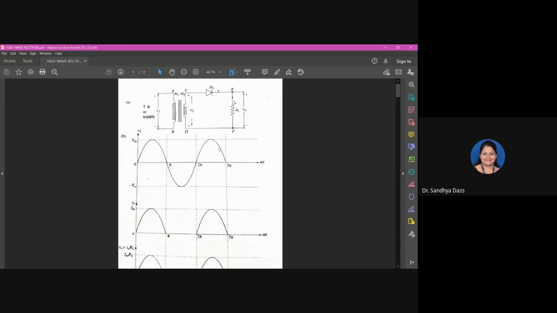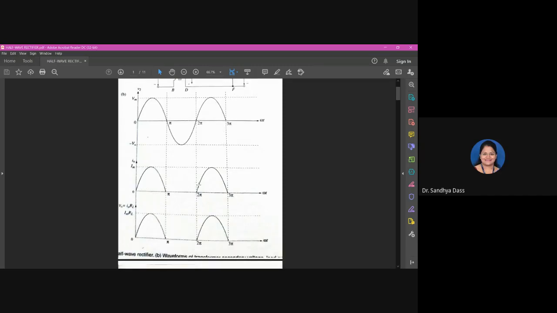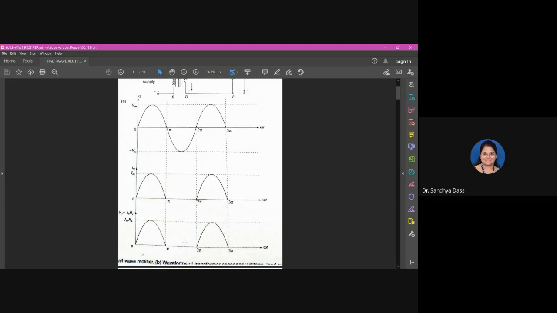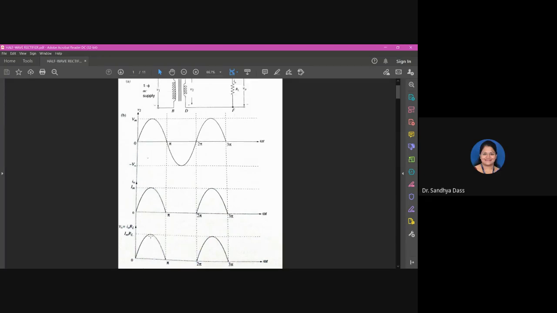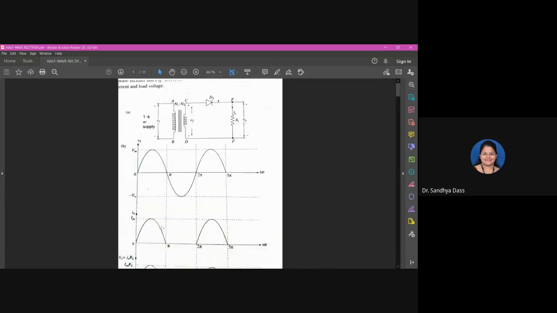This is your sinusoidal input signal, and the output you can see here is the current you get during only the positive half cycle, and this is the voltage you get during only the positive half cycle. Obviously the amplitude of the current will be less compared to the voltage, right? So let's go on with the derivation and the working of the circuit.